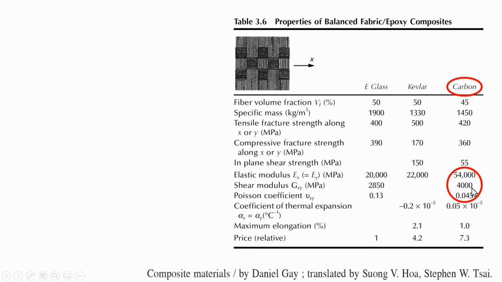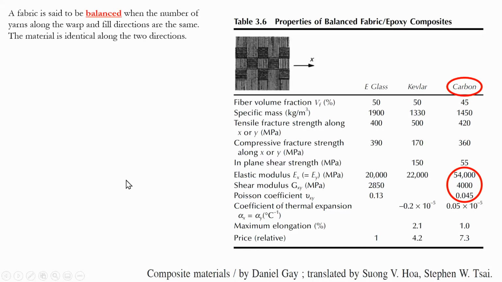Notice that this is 5, 6 times smaller than those. Now, this table refers to balanced fabric. All that means is that the bundles in the X direction and Y direction, namely the warp direction and the weft direction, are identical, as far as the number of fibers in a bundle, etc.